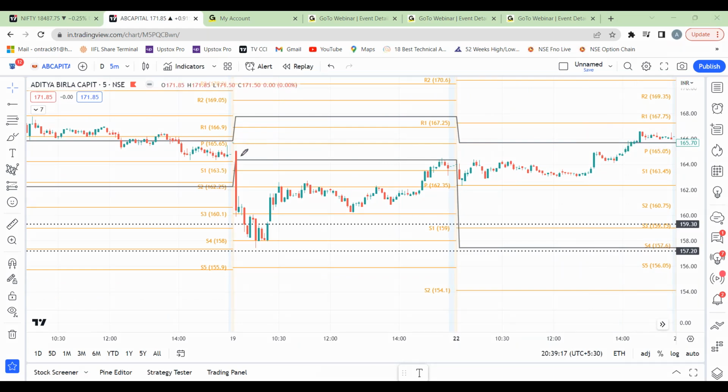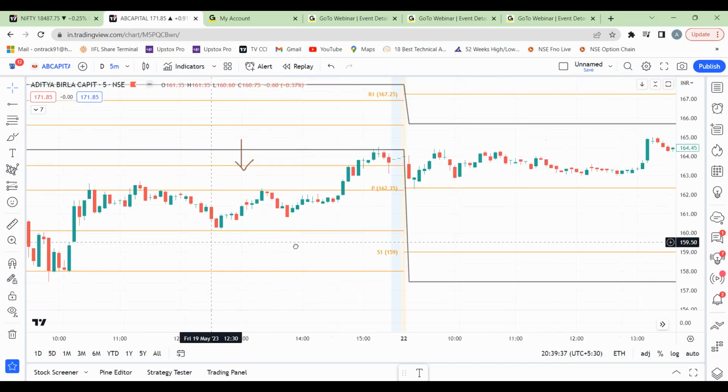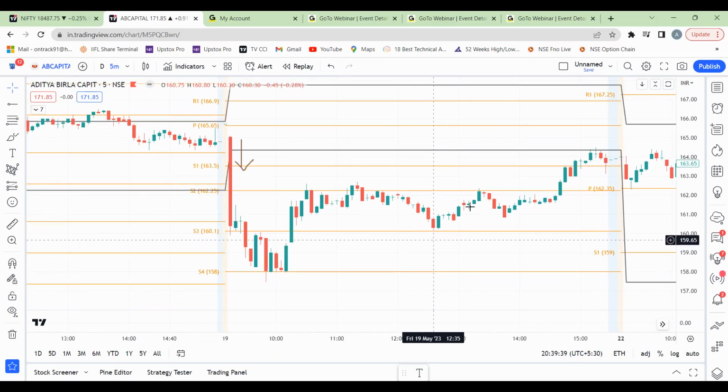You see here, this is what can happen when stock breaks previous day low. Able to notice? I'll just enlarge the screen a bit. Now you can see this is a chart of AB Capital.